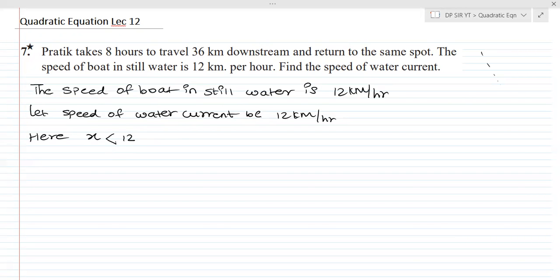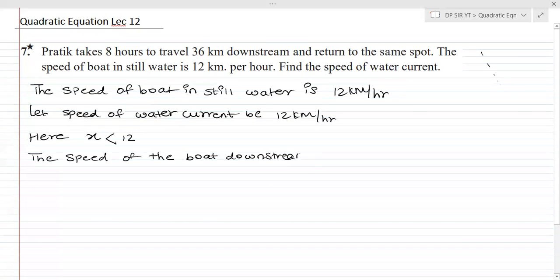Then the speed of the boat downstream. What will the speed of the boat downstream be? The speed of the boat downstream is equal to 12 plus x kilometers per hour. So speed in still water plus x.